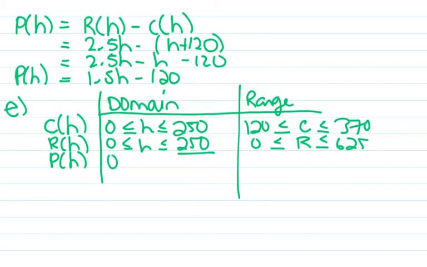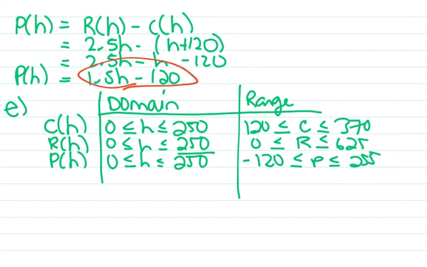The profit, the domain for the profit is going to be between 0 and 250 because that's how many hot dogs he can sell. And the range for the profit is going to be between negative 120 and positive 255. Just plugging in those numbers into this equation up here, the domain numbers. And then part F, what is the maximum daily profit the vendor can earn?